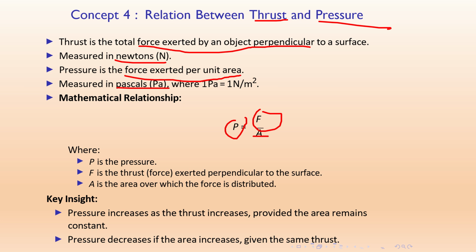In the same way, pressure and area are inversely proportional. Means if the force is constant and the pressure is increasing, the area should be decreased, or if the area is increasing, the pressure will automatically decrease. So that's why we say that pressure and area are inversely related, whereas pressure and thrust or force are directly related.